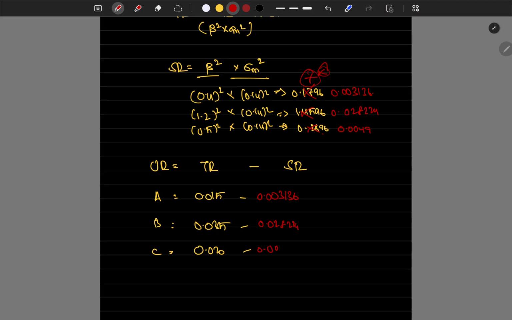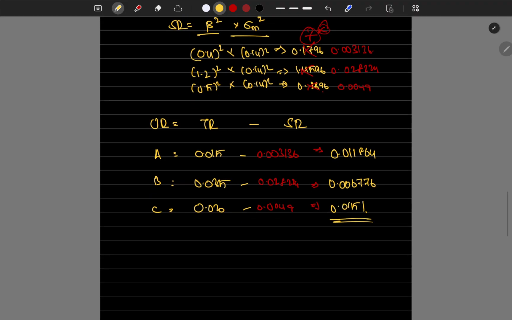We have to be cautious in this. Okay, now we'll get the answer. We got the unsystematic risk values now.